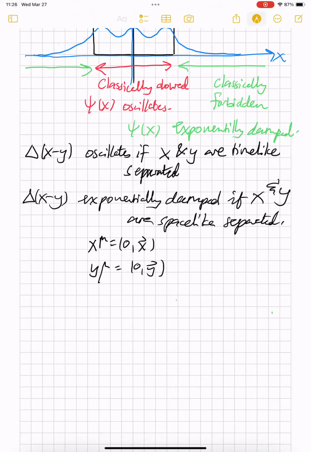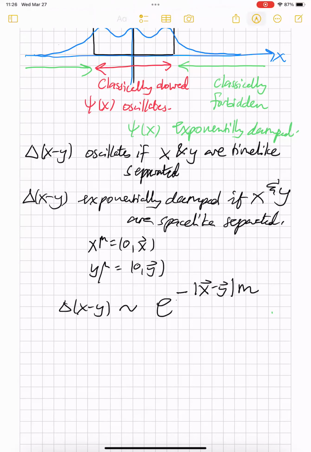So this is certainly space-like separated. Then delta of x minus y behaves something like e to the minus the mod of x minus y times the mass. And in units where c is equal to h bar is equal to 1, that exponent is dimensionless. And what you can see is as we increase x and y, delta of x minus y goes exponentially fast to 0.